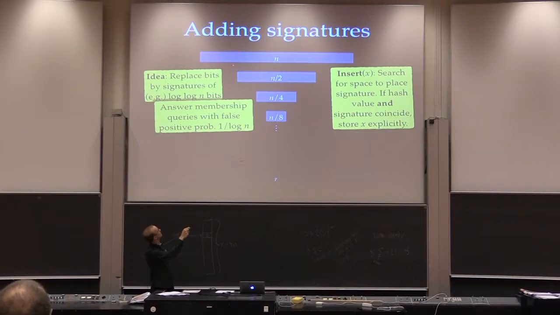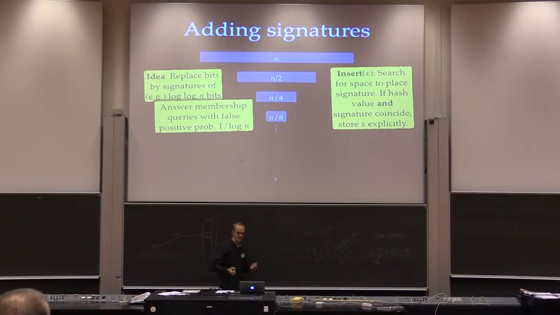We find the place, the hash value of the key up there. Maybe there's a signature. In this case, we go on, at least if the signature is different from the signature of the key that we are inserting. If there's no signature, we just insert the signature of the key.